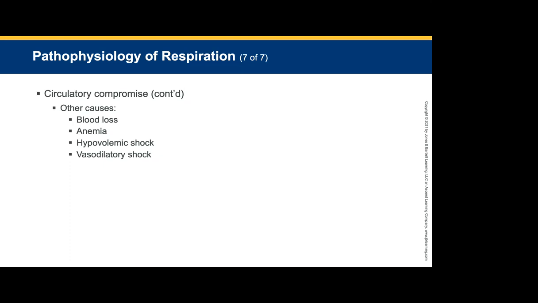All right, some other issues that we have is blood loss. Obviously, we can only lose so much blood before we start having issues of our own. Anemia. I hope y'all already know what anemia is. Hypovolemic shock and vasodilator. I'm going to screw that one up.